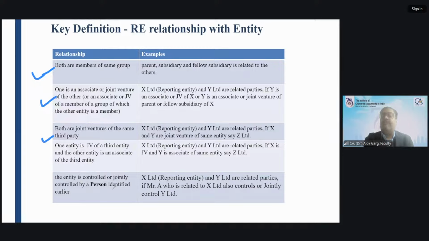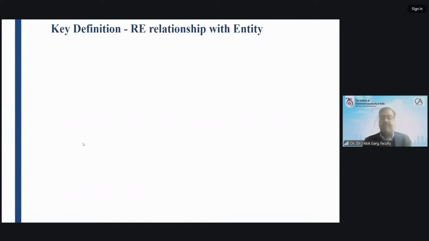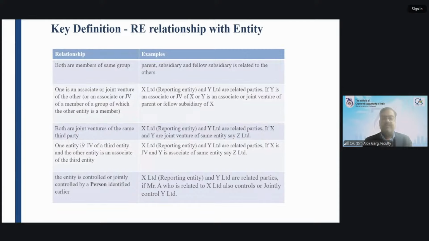X Limited and Y Limited are related parties if X and Y are JV of the same entity, say Z Limited. Have you understood this? Very simple.